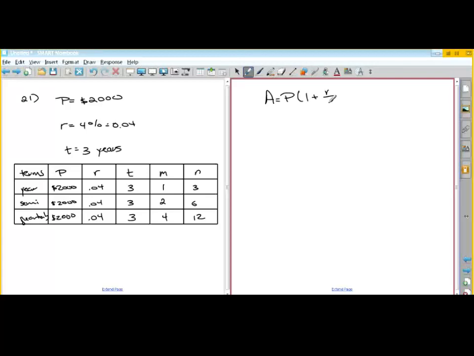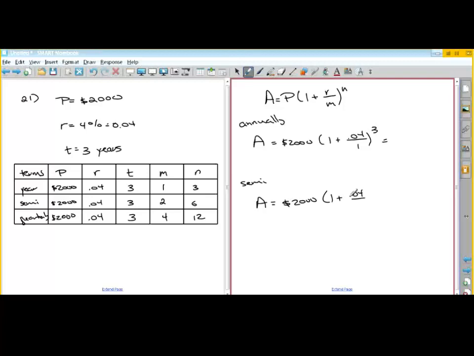The formula we use for future value is the principal times 1 plus the interest rate divided by M raised to the N power. So we just have to do that for the 3 cases. So for yearly or annually, we have $2,000 times 1 plus 0.04 divided by 1 to the 3rd power. I'm just going to set them all up first, and then we'll do the calculation after that.